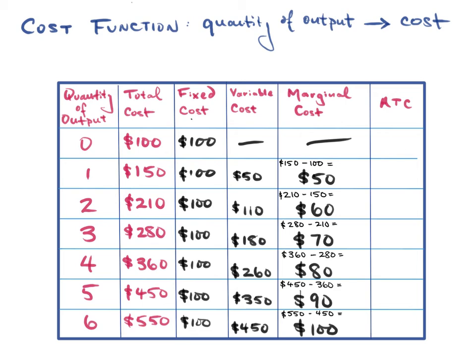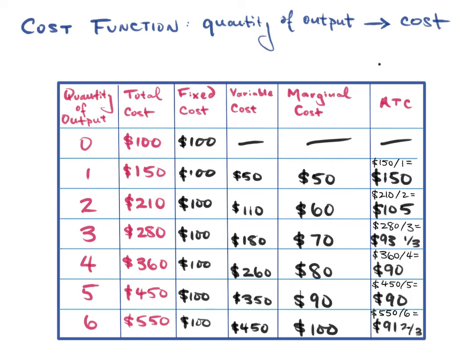Increasing marginal cost means that each widget costs more to produce than the one before it. So the first widget cost $50 to produce, the second widget cost $60 to produce, the third $70 to produce. I'll come back to this later on, but typically economists expect that firms have increasing marginal costs.